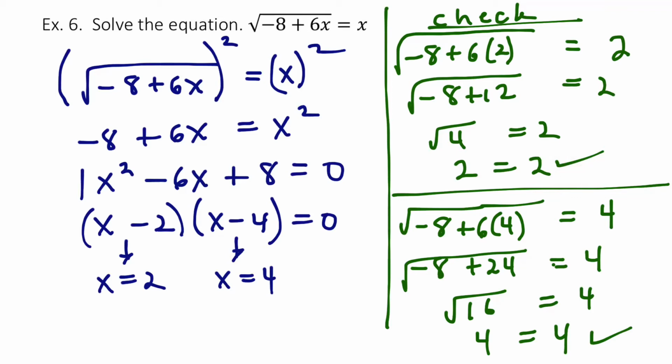So I'm going to conclude that x is equal to 2 is a true solution. And then I check the 4. So I substitute 4 here and here, where I have x's in my original equation. I simplify and I get a true statement at the end. So I conclude that x is equal to 4 is also a solution to this equation.